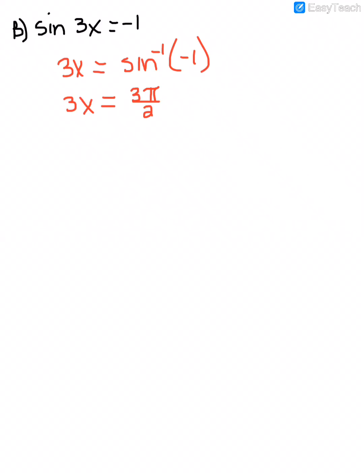Our angle is 3x, so we need to multiply our interval times 3. So the interval for this equation is actually going to be between 0 and 6 pi.